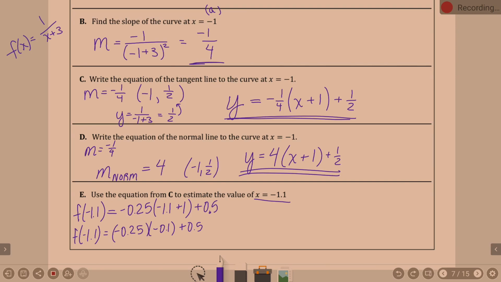And then how many numbers after the decimal do we need? 3. So this is going to be 0.025, if you will. A negative times a negative is a positive. 0.025 plus 0.5 is 0.525.